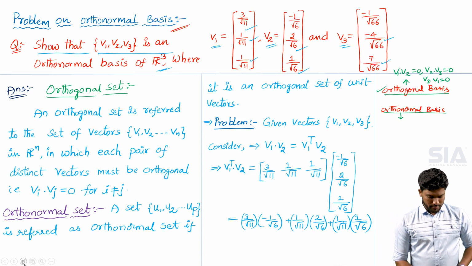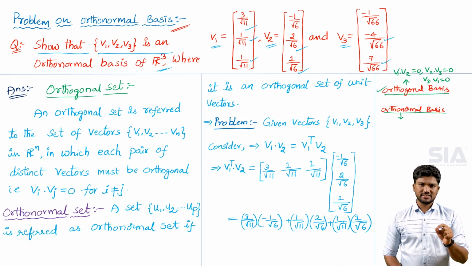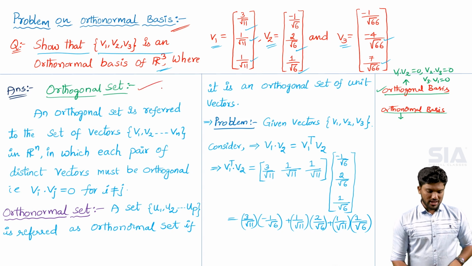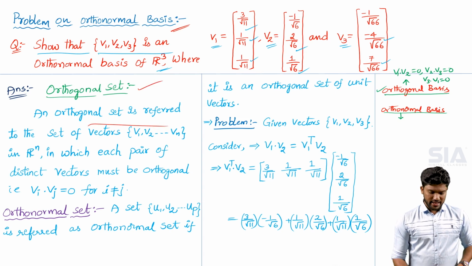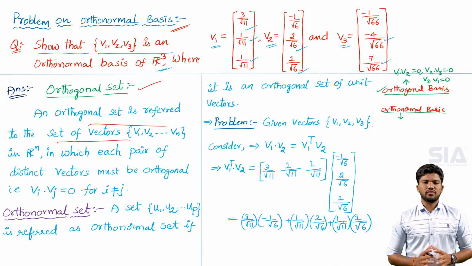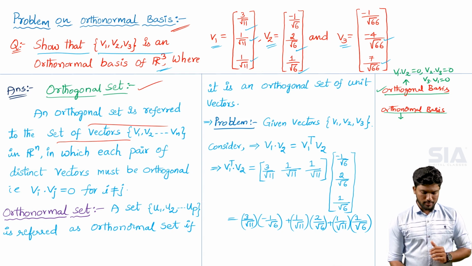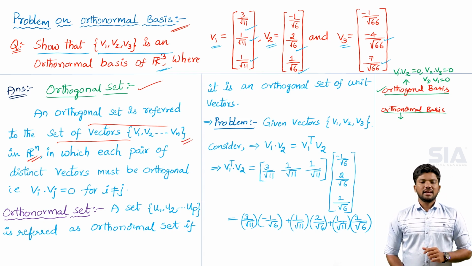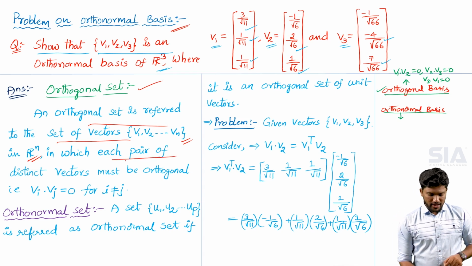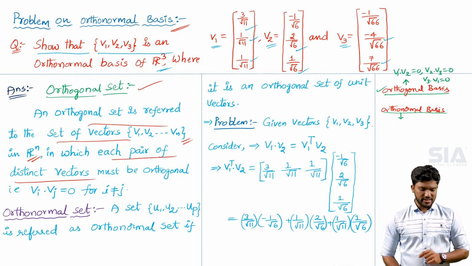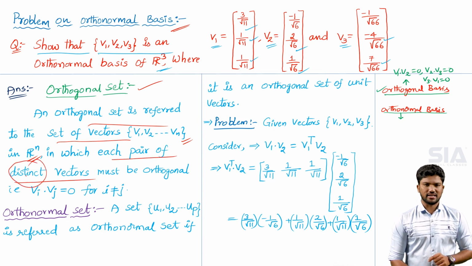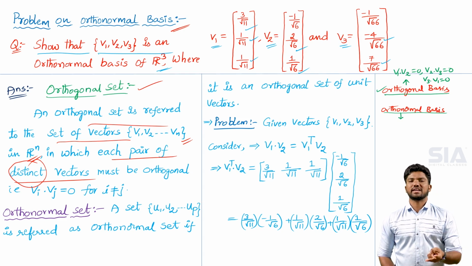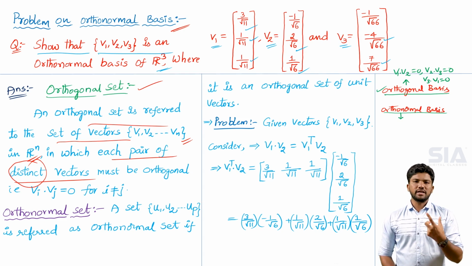So for that purpose we are discussing the definitions once again. Orthogonal set: an orthogonal set is a set of vectors v1, v2 and so on up to vn in the vector space Rn, in which each pair of distinct vectors, just observe this word distinct, whenever you take a pair of vectors, those vectors should be distinct.